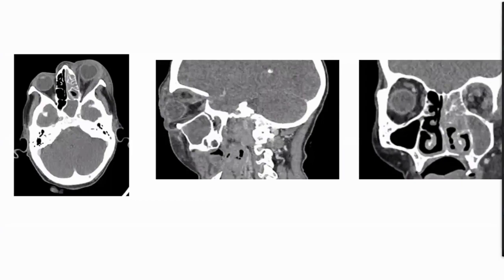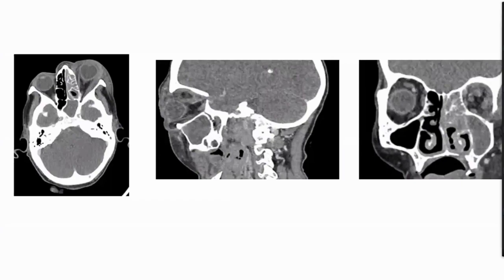Here I can appreciate there is proptosis of the left orbit, and there is thickening of the lateral rectus muscle and the extraconal compartment muscles, and the preseptal area is also thickened.